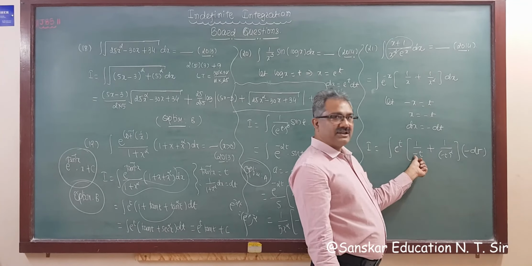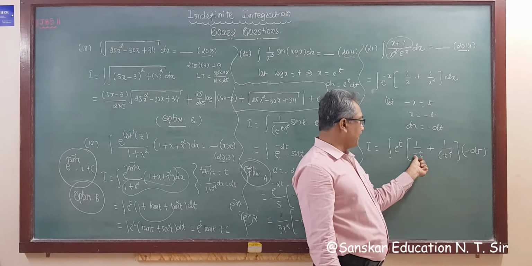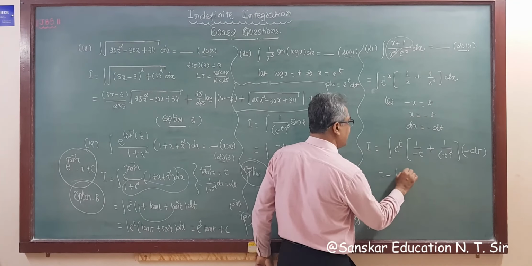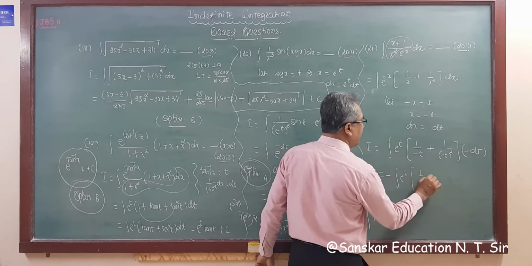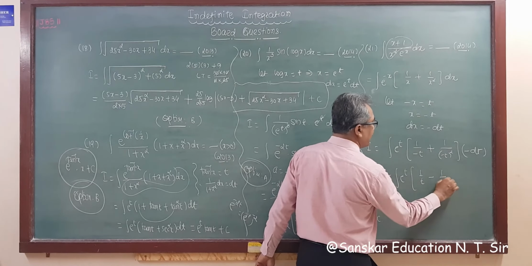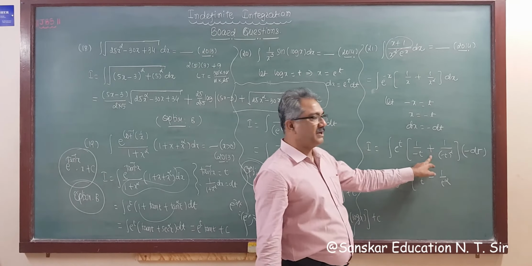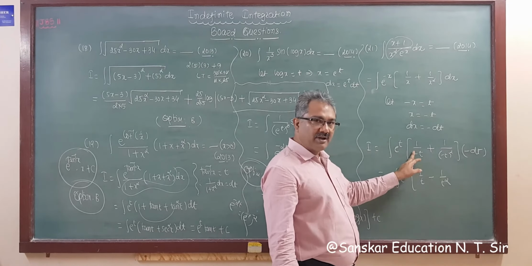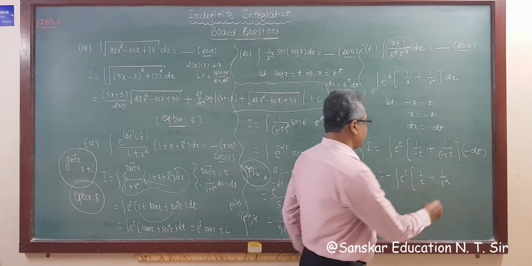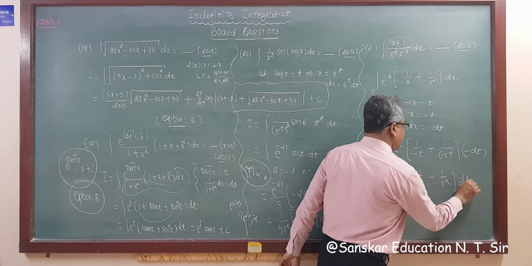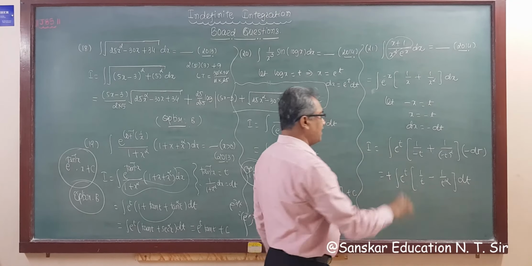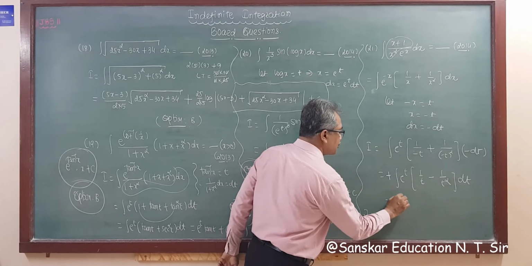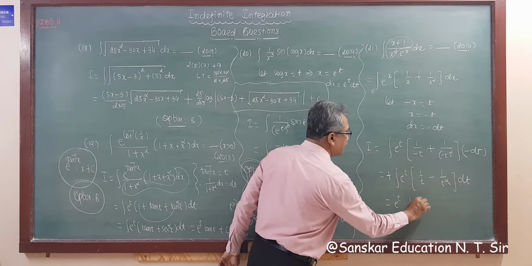If we take minus common, then this becomes minus integration of e raised to t, 1 upon t minus 1 upon t square, because minus t whole square is plus. So if we take minus common, the minus becomes plus and the plus becomes minus, and dt, and this is minus, so this becomes plus. So what is your answer? The answer will be e raised to t into 1 upon t plus c.